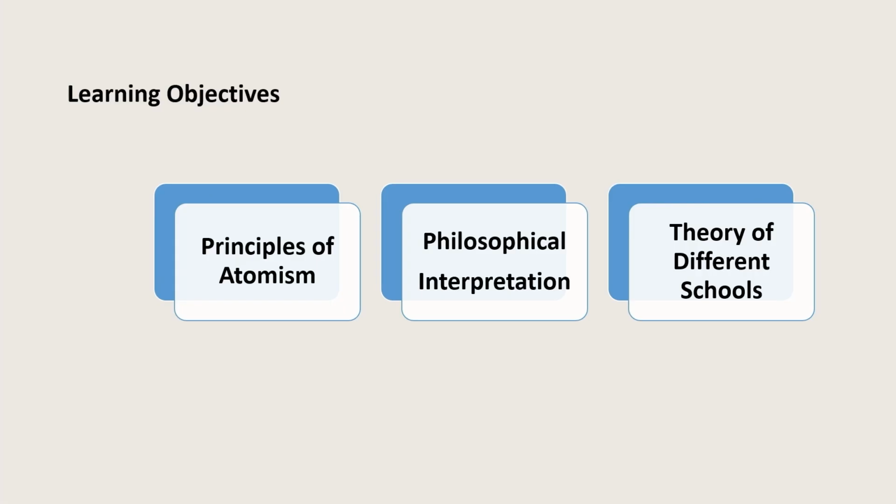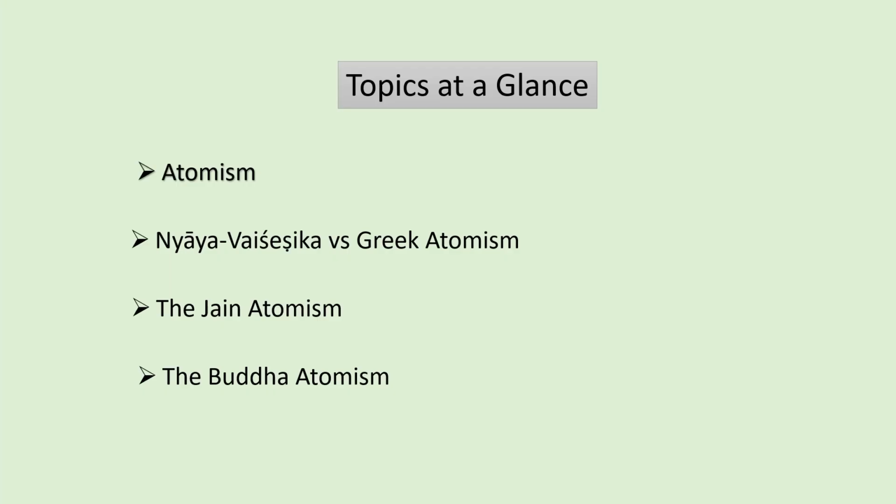And the final objective is to understand the different theories of atomism given by the different schools. In this lecture, we will discuss atomism, Nyaya Vaisheshik versus Greek atomism, the Jain atomism and the Buddha atomism.